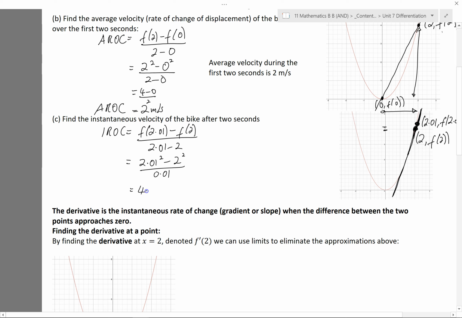I get 4.01, and I'd recognize that the instantaneous rate of change is probably about 4 meters per second. If I got closer and closer, I'd probably approach 4, so I would do that approximation.